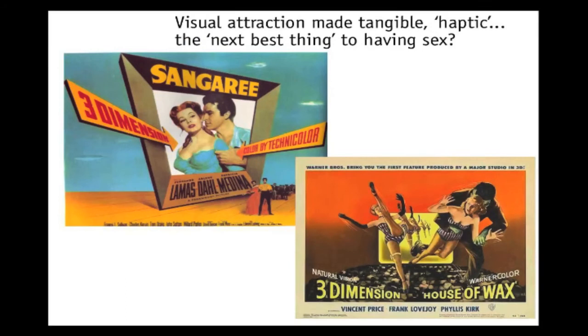And I think that if we look at this poster for the Technicolor film Sangaree, the positioning of the indexical sign 3 dimension is highly significant here, and that is exactly the selling point that many 3D movies used.